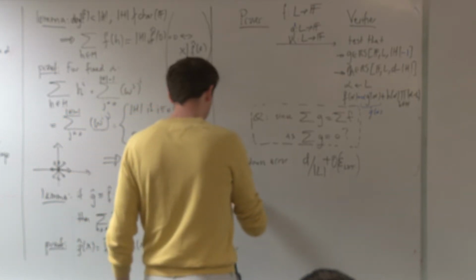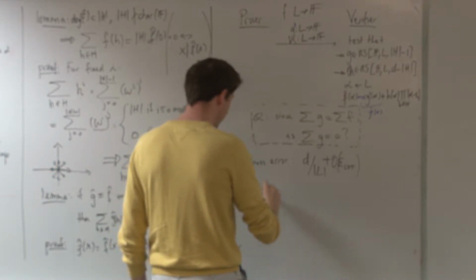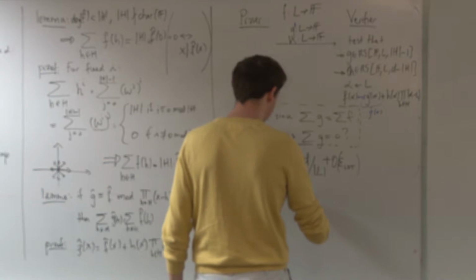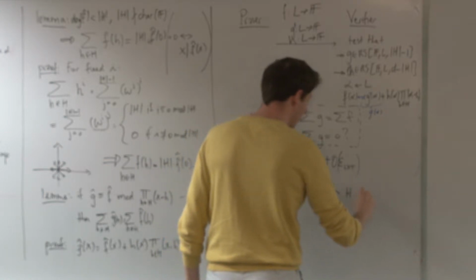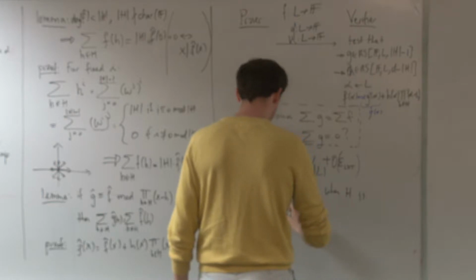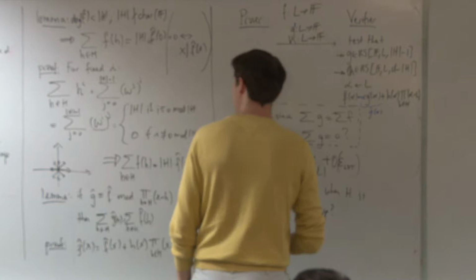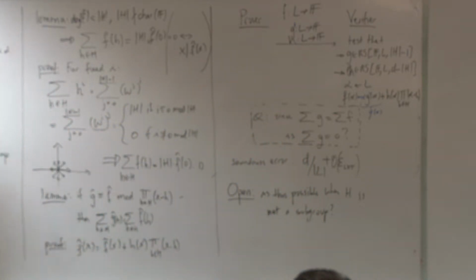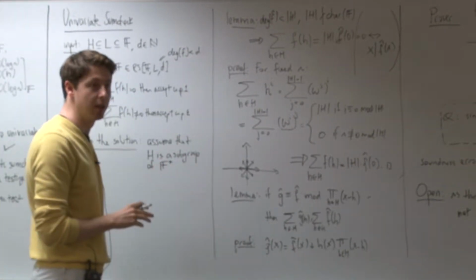Nonetheless, here it is. I'll just mention a very cute open question: whether this or something like this is possible when H is not a subgroup. We know how to do this for multiplicative subgroups. There are some other similar things that hold when you have an additive subgroup.